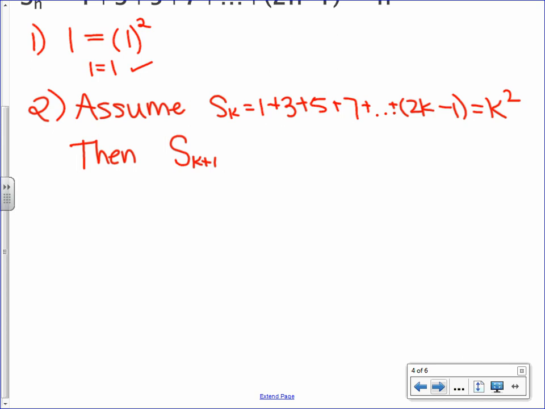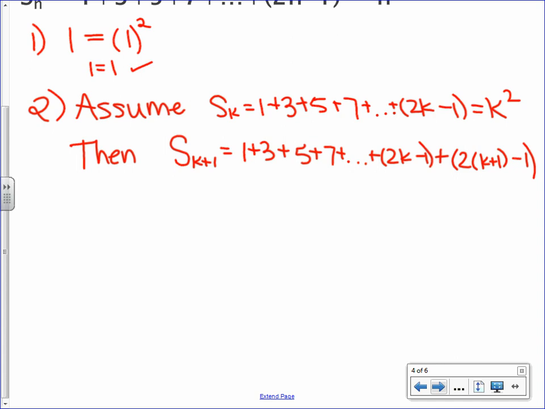Well, all that is, we're going to add up our first k terms, and then we're going to tack on the next term, the k plus 1 term. Since this is the sequence that we're adding up, I'm going to plug k plus 1 in to get my next term. So I summed up my first k terms, and then I added the k plus 1 term.